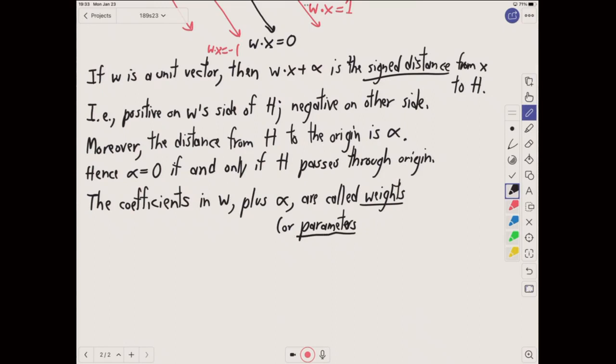So if you see the word parameters in a machine learning paper, it's probably just a synonym for weights. And specifically in the context of regression problems, they're often called regression coefficients. But all of these different names refer to basically the same thing. Anyway, that's why we call the vector W. It stands for weights.